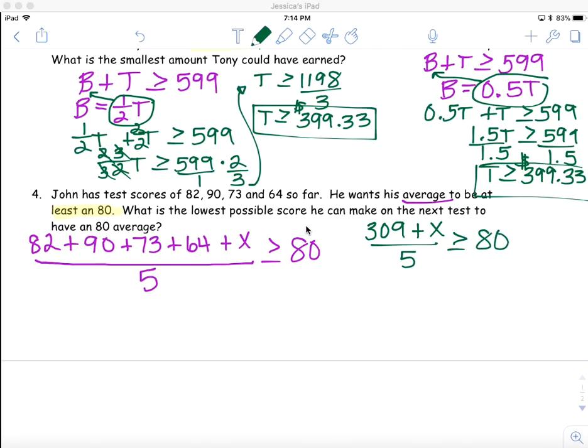My next step, since 309 plus X is all included in the numerator, is to get rid of my denominator. I need to get rid of the over 5. So to do that, the opposite of dividing by 5 is to multiply both sides by 5. When I do that, the 5's cancel on the left, and I'm left with 309 plus X. On the right, 80 times 5 is 400.